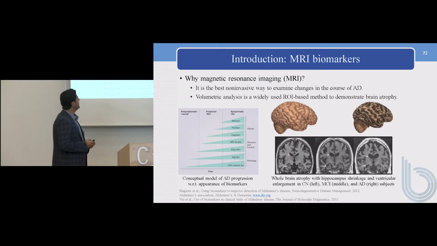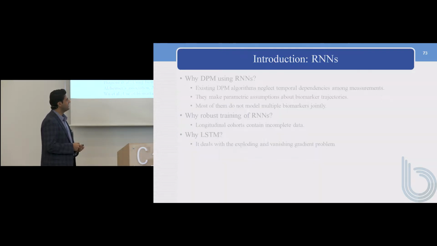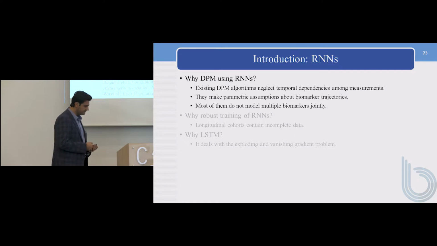We will focus on volumetric analysis, which is widely used as an ROI-based biomarker to demonstrate atrophy in the brain. As you can see, as the disease advances, the brain starts to shrink, and this whole brain shrinkage is easily seen here. Also, the hippocampus starts to shrink, and the ventricles start to enlarge while the disease progresses.